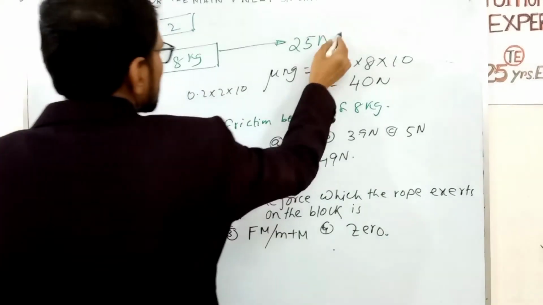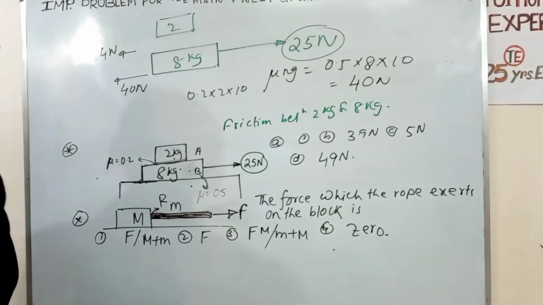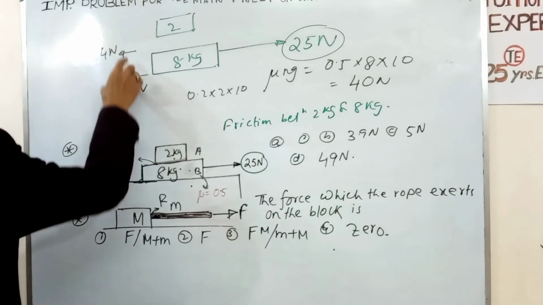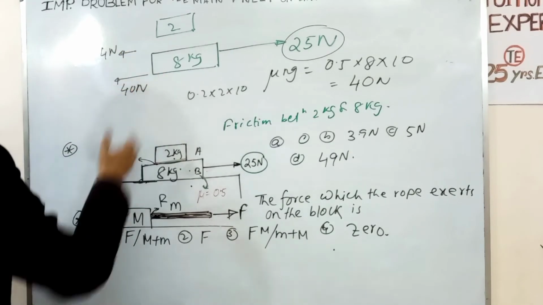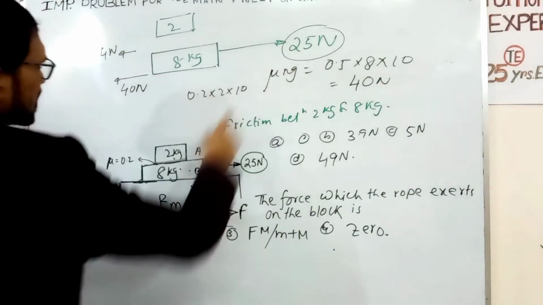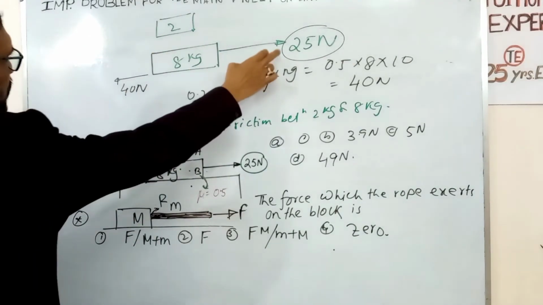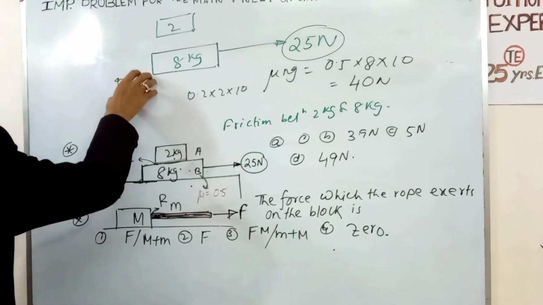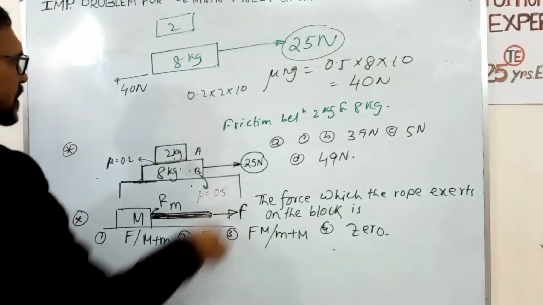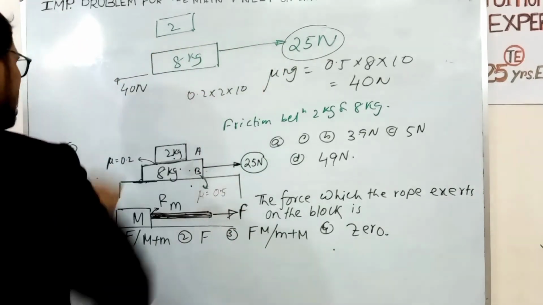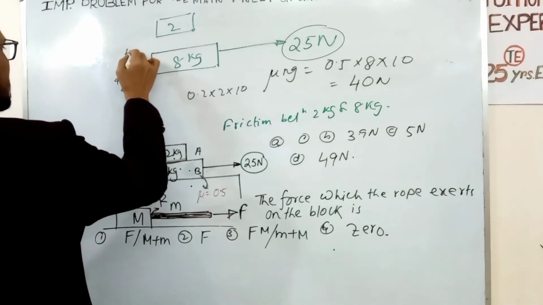Now the applied force is 25 Newton. Among these, 40 Newton is more than 25. So this force is not required to prevent the body. This friction force is sufficient to prevent the body. So here friction must be 0.